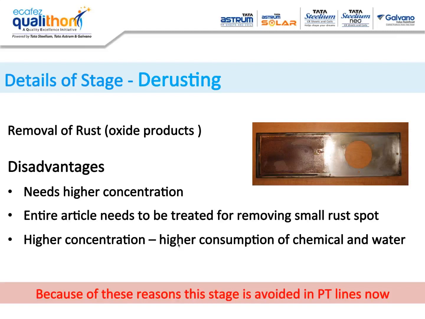Normally HCl based or H2SO4 based or HNO3 based will hamper your productivity or your surroundings as well. Because of these problems, this stage is avoided in new generation pretreatment lines, and de-rusting is not there.